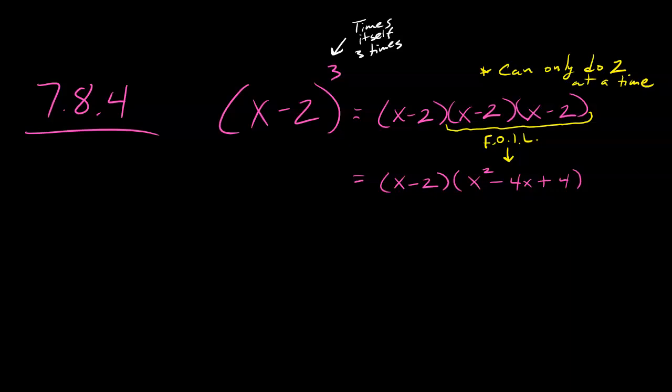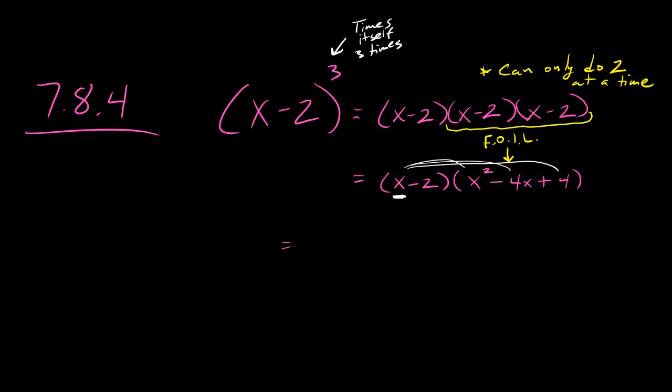I can't say FOIL, because FOIL only works when you have 2 things times 2 things. Now I've got 2 things times 3 things, which give me 6 things. So you have to do distribution even if you didn't like that method before. So I'm going to take the x. I'm going to multiply it times all 3 things. I'll try to color code it so you can follow it.